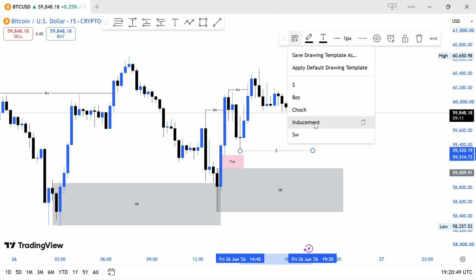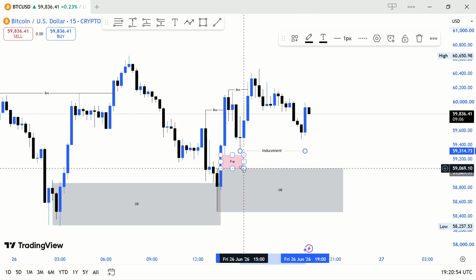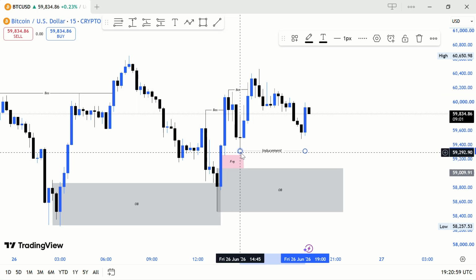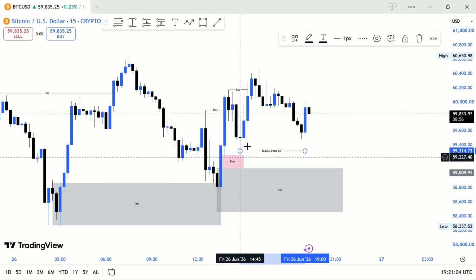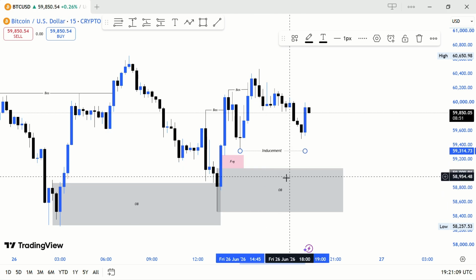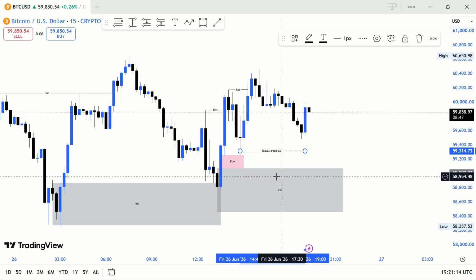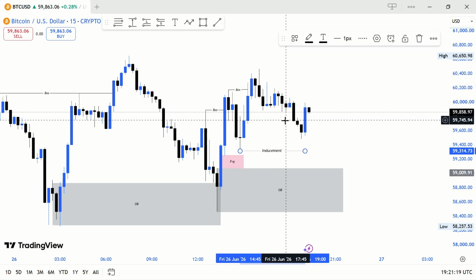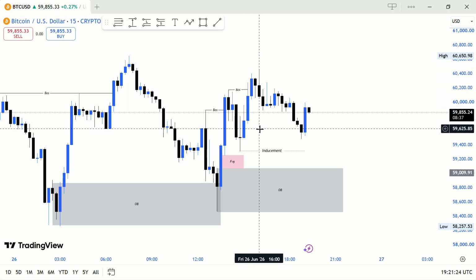Remember what I said about inducement, guys? If the market breaks another block and comes down to an area, but keeps the other block safe without tapping into any other block and gives another push to the upside or downside, a bearish or bullish scenario, you know that it's an inducement.